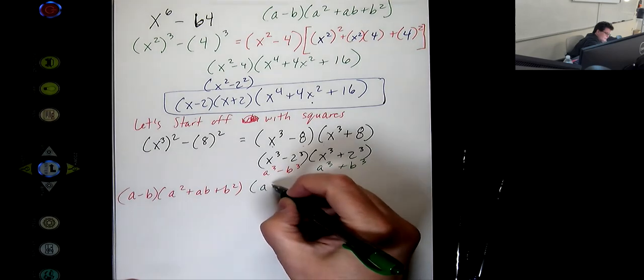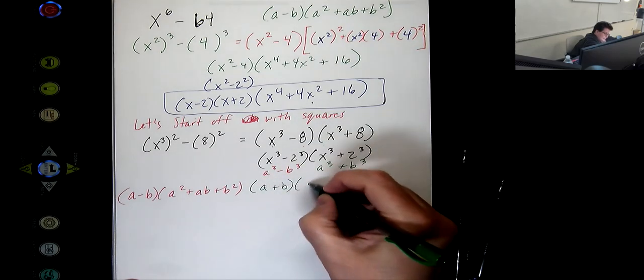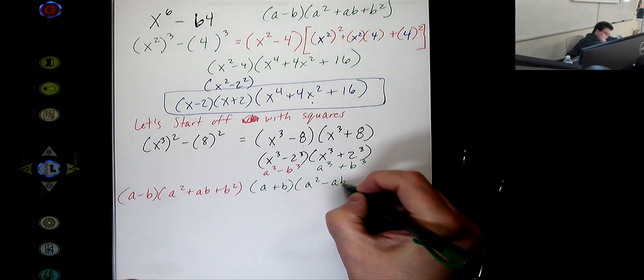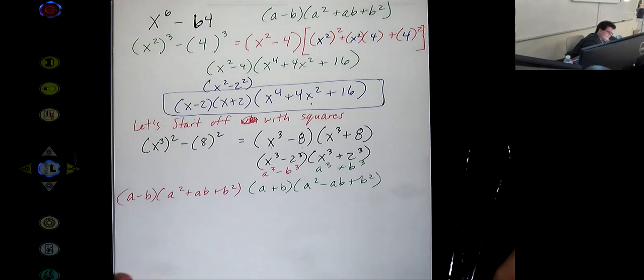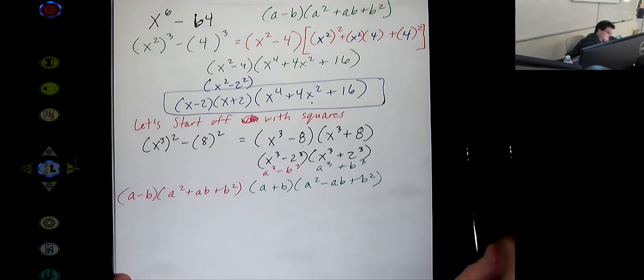That formula is a plus b times a squared minus ab plus b squared. Now, the a's in both of them are all x's. The b's in both of them are all twos. So everywhere I see an a, I can put an x, and everywhere I see a b, I can put a 2.